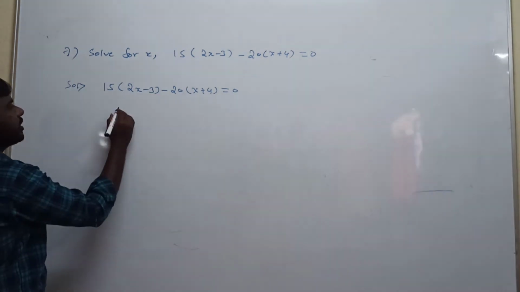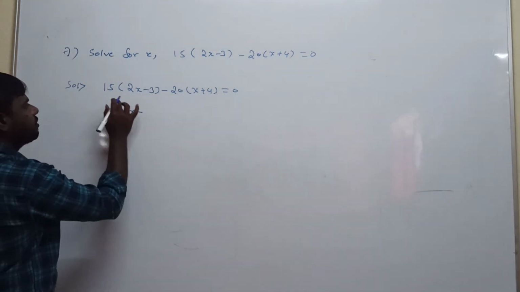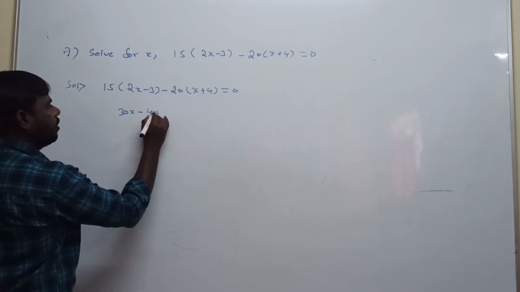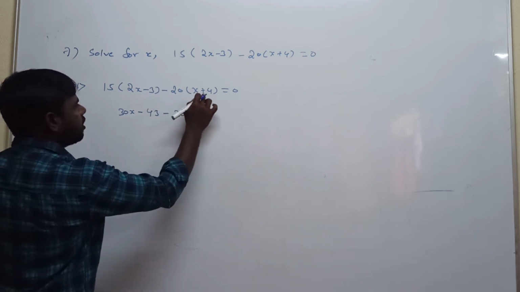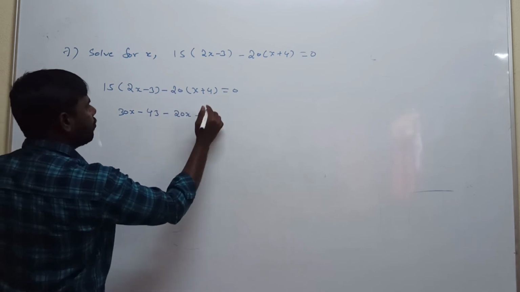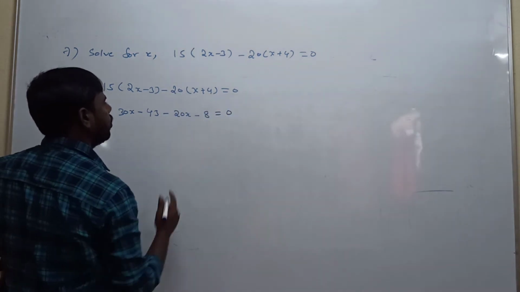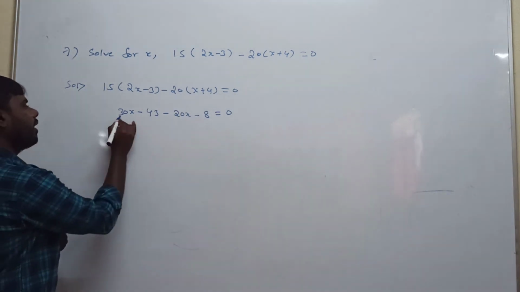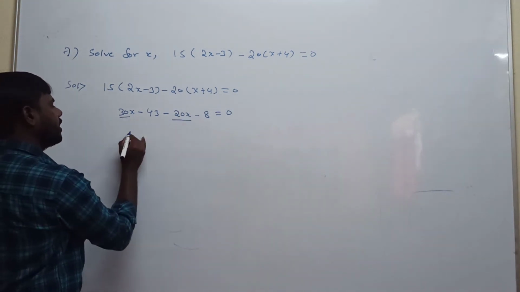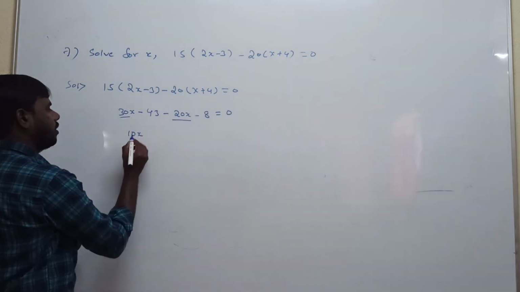Now 15 into 2x is 30x. Then minus 15 into 3 is 45. Next, 20 into x is 20x. Minus into plus is minus. 20 into 4 is 80, is equal to 0. Now we are adding the x variables: 30x minus 20x is plus 10x.